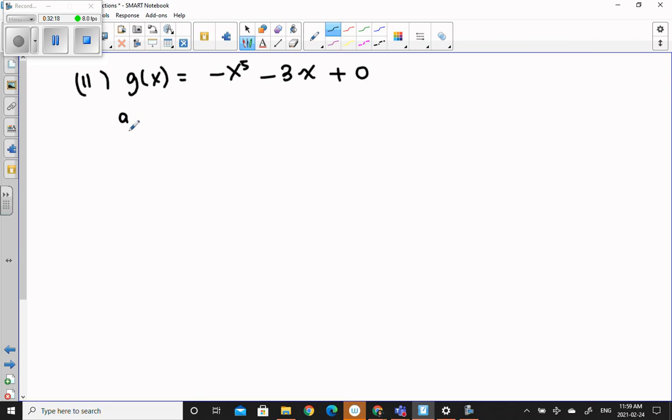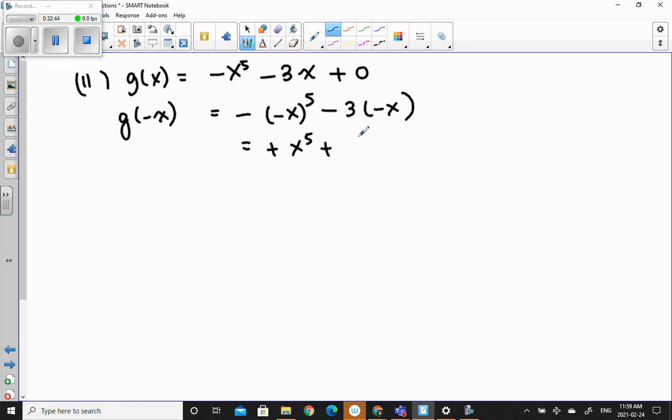So let's try g of minus x to see if this is an odd or even function. So you get minus of minus x to the power 5 minus 3 times minus x. So that's minus x to the power 5 plus 3x, so this ends up being actually negative, and this negative makes it positive.